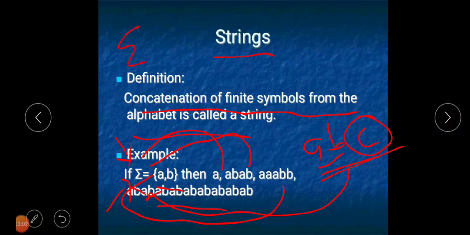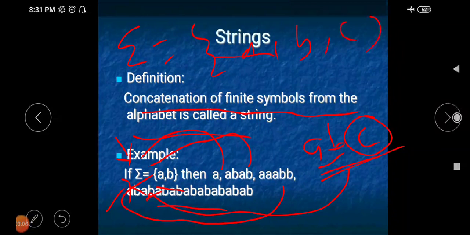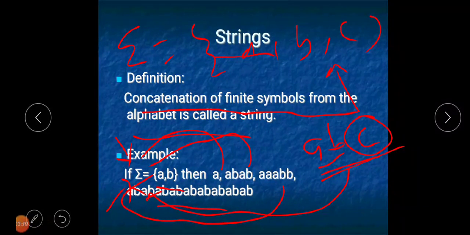But if your sigma is given as A, B and C, then this can be treated as a valid string on this sigma. We have already discussed this point in much depth with various examples in our previous session. As I said earlier, if you have not yet gone through our previous lectures, then please do watch those lectures first and then proceed with this one.